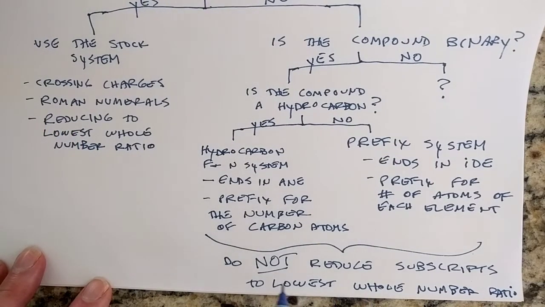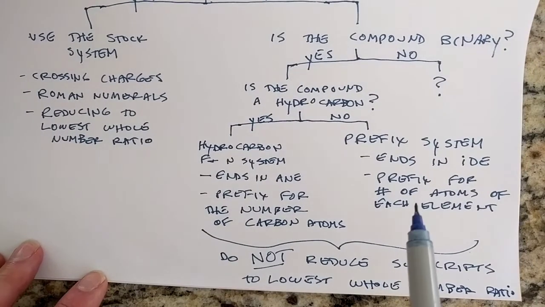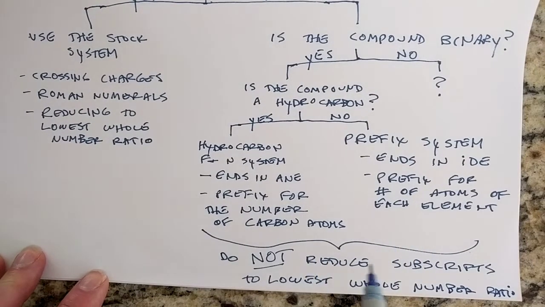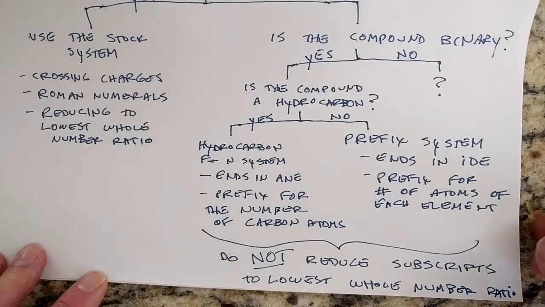For the prefix system, we do not reduce those subscripts. And that's because for our covalent compounds, the smallest unit is a molecule that can have any number of atoms in it, whereas for our ionic compounds, the smallest unit is a formula unit. And the definition of that is that it's the lowest whole number ratio of the ions.